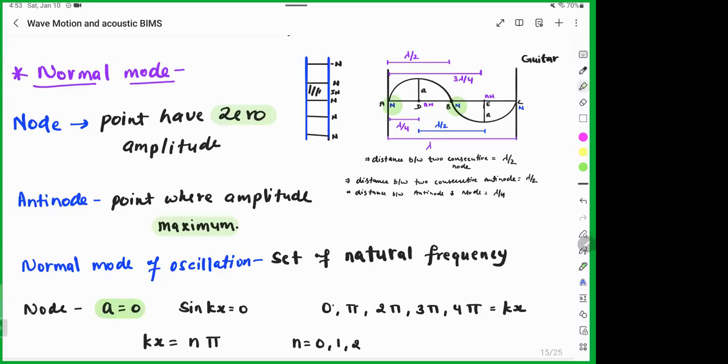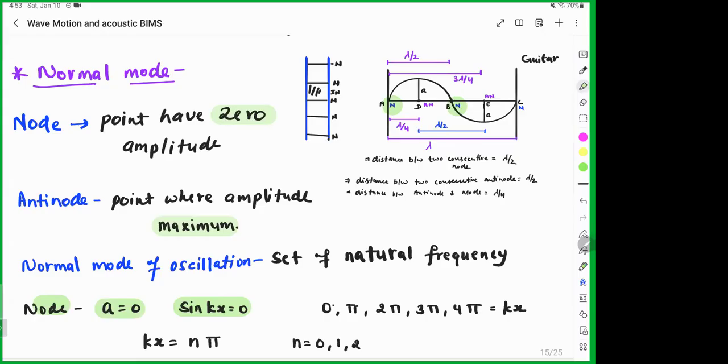A means amplitude will be zero in case of a node. If amplitude is zero, it means overall displacement will be zero. It means this theta part is also zero, because you know y is equal to a sine theta. If a is zero, your y is also zero.